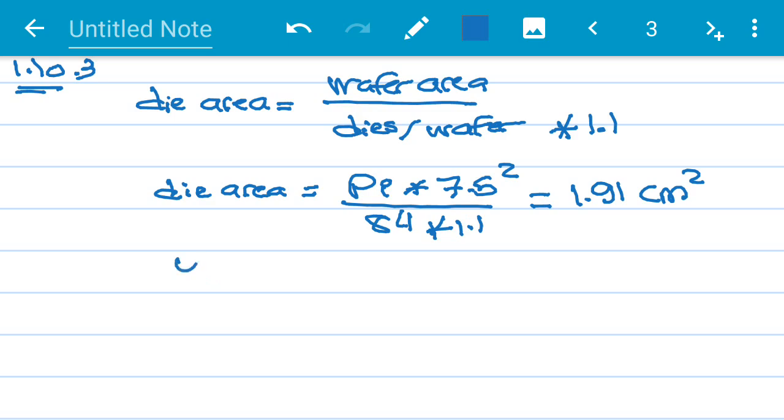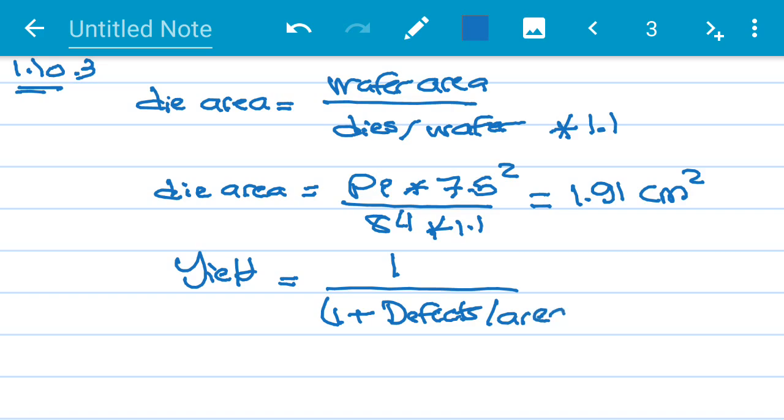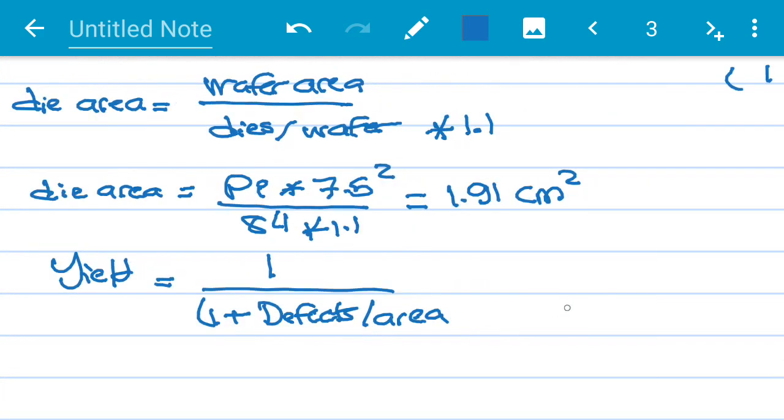So the yield is 1 over 1 plus defects per area times die area over 2, all of that squared.